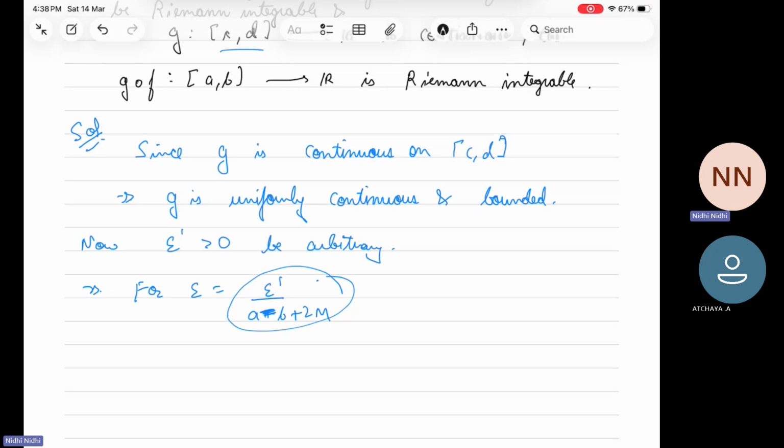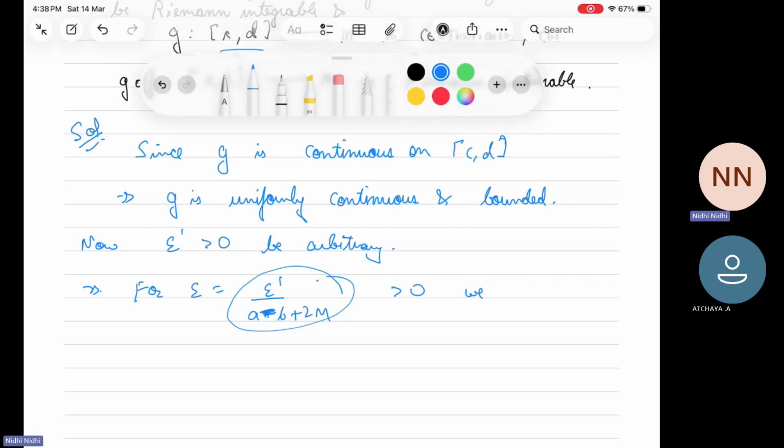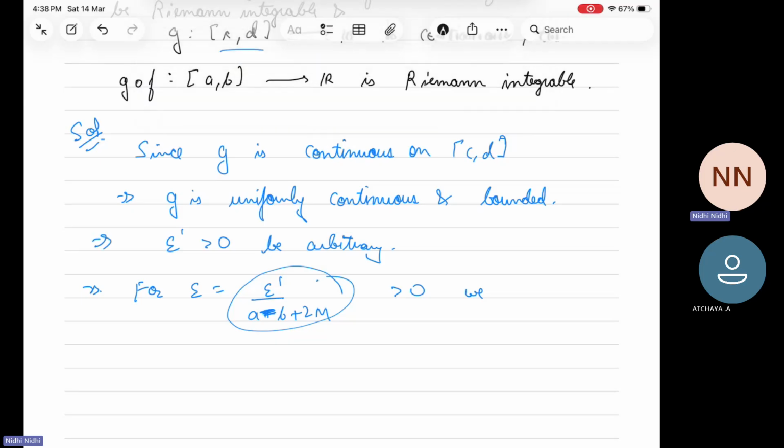We'll see how we get that. This implies, basically we'll be using the definition of uniform continuity.